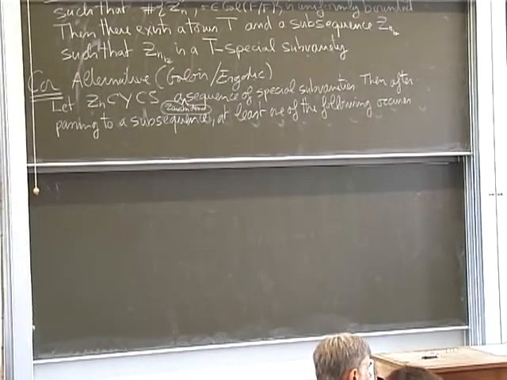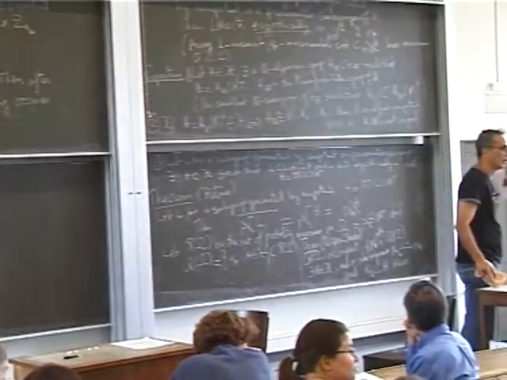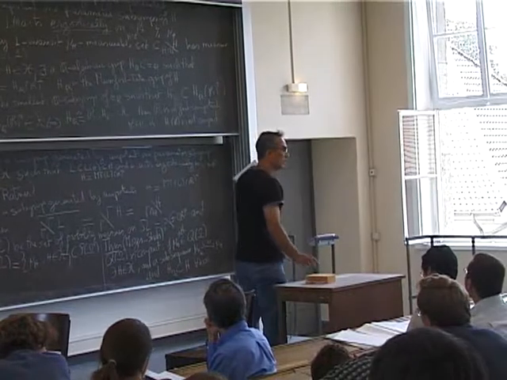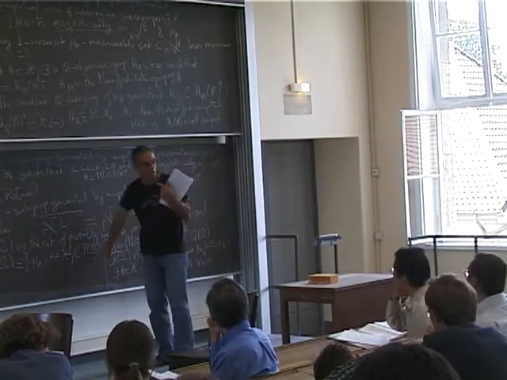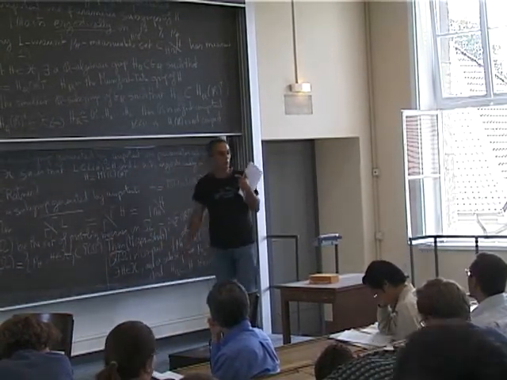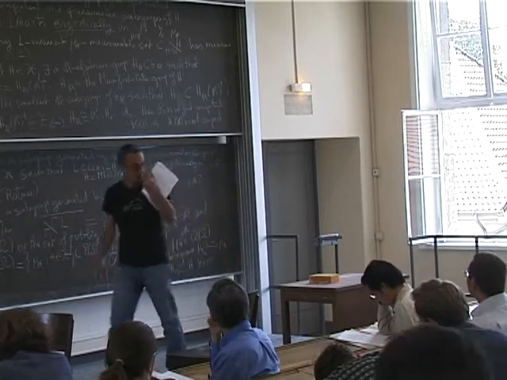It's compact for the weak star topology. On P of Omega, you have the weak star topology, and Q of Omega is a compact subset.